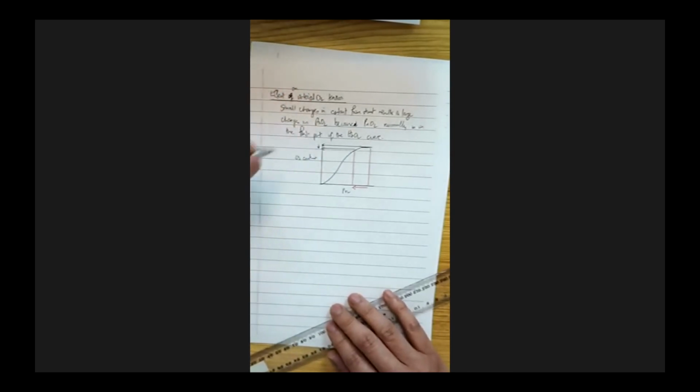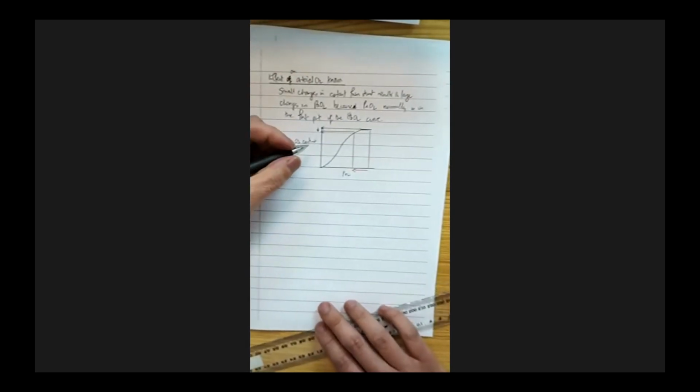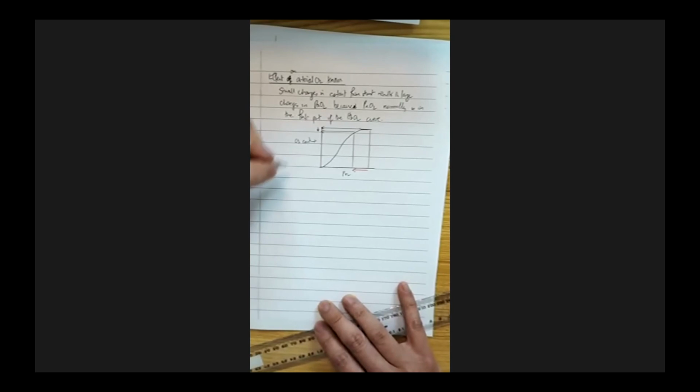Okay, so O2 content. And then we're going to talk about VQ scatter. So decrease in content from shunt.